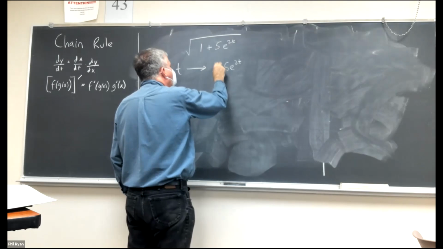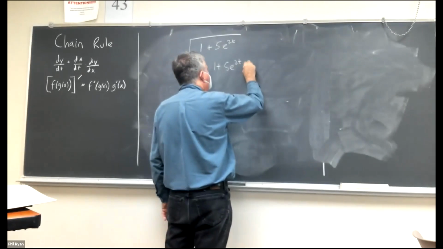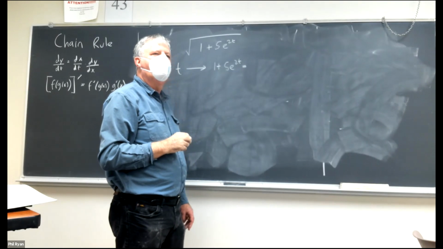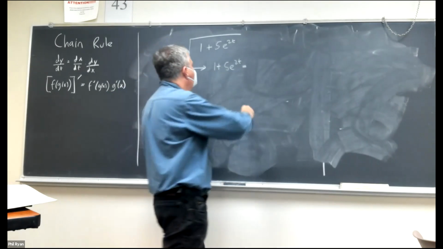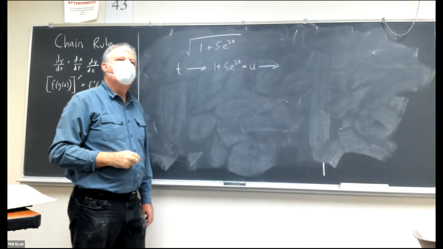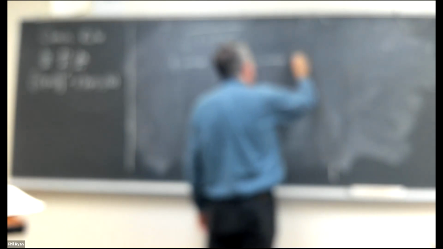We might as well throw the 1 in there because the 1 is easy to deal with. Let's call that, what do you want to call it? U or Z or B? U, okay. And then what do we do with the U? Square root it. Okay, that's a nice looking chain.